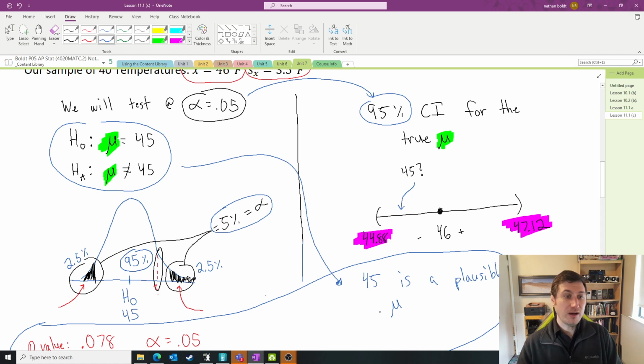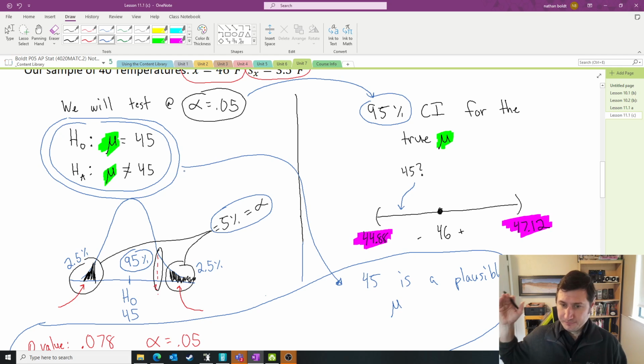With our hypothesis test, our original hypothesis was 45. That was our original belief. To test this hypothesis, yes, the hypothesis test will test it for you, but so would a 95% confidence interval. Does that kind of make sense?